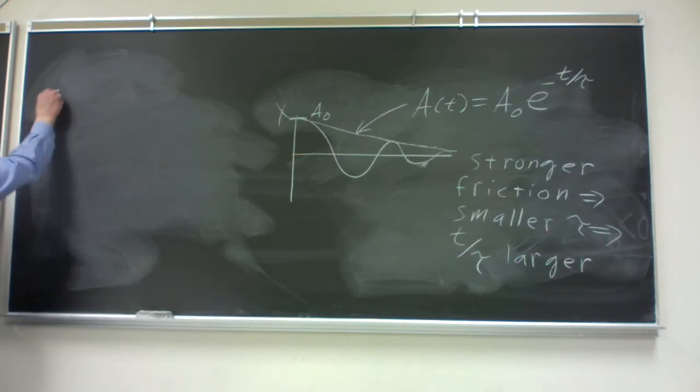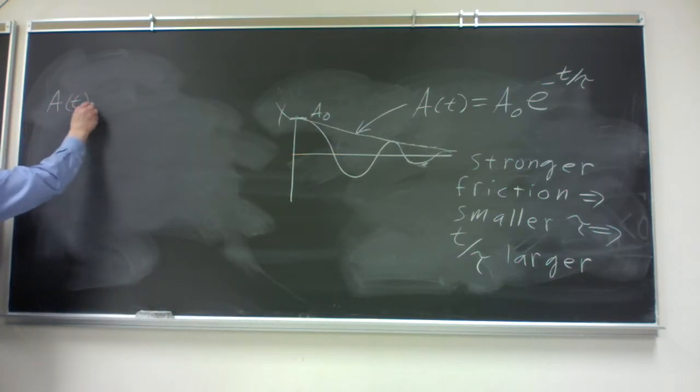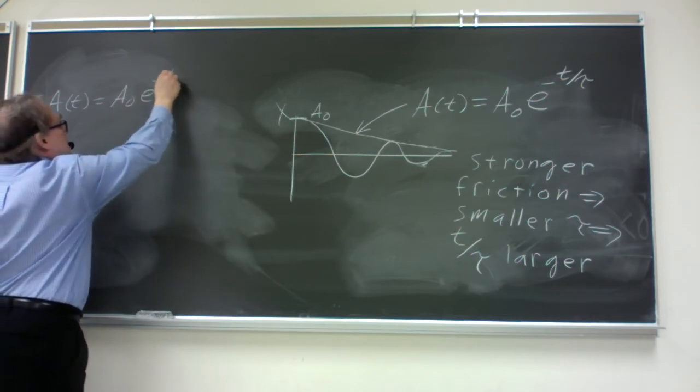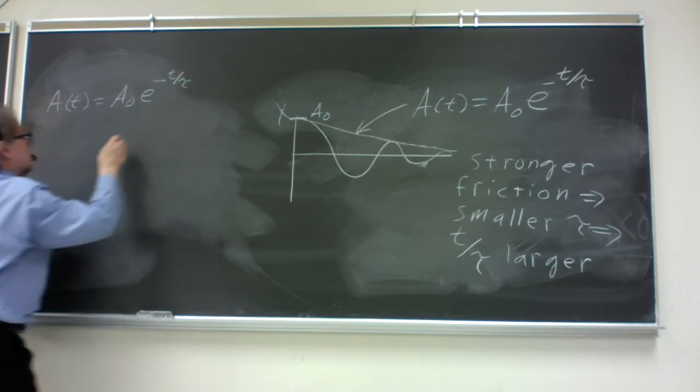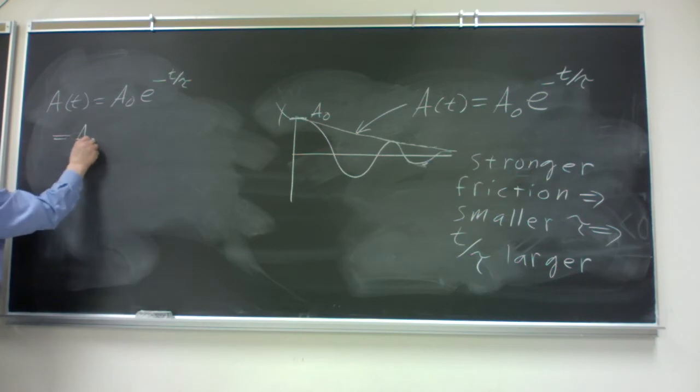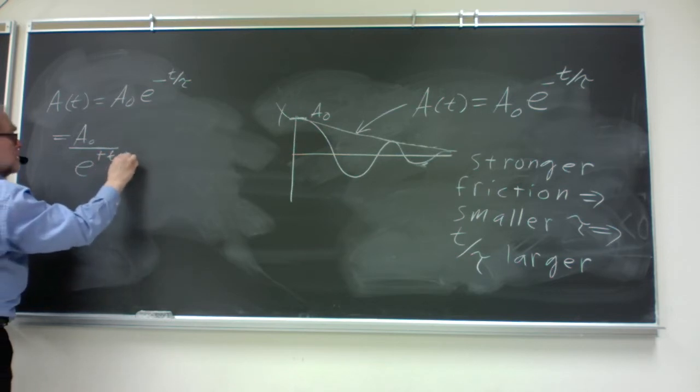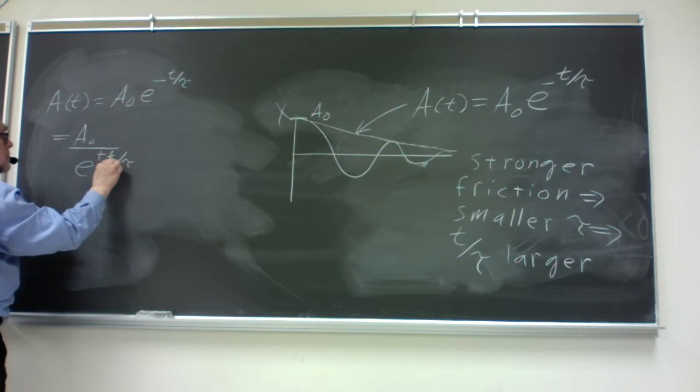So let's rewrite that function. A0 e to the minus time over tau is really the same as A0 over e to the plus time over tau.